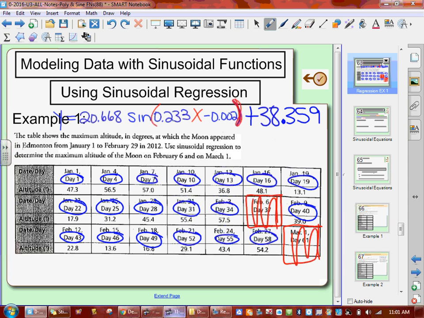So our first number is our amplitude. Okay, if I'm looking for my average temperature, and they're often going to ask you for an average temperature. Whenever they ask you for the average, they're always asking for the D value, okay, the midline or median.